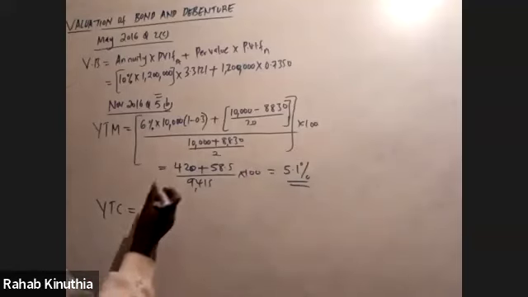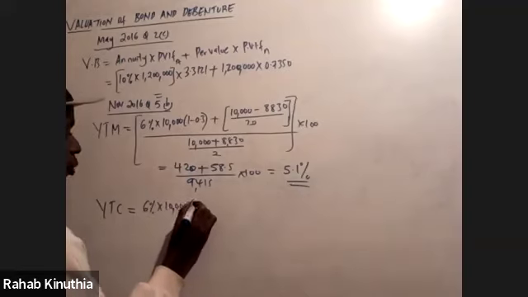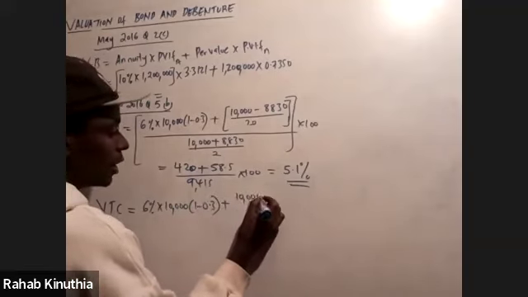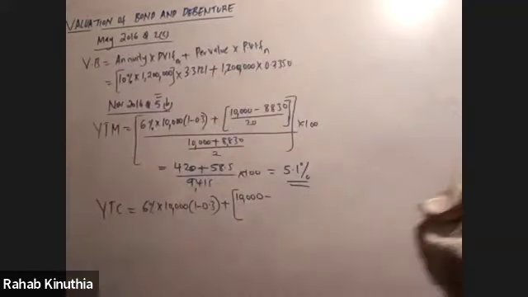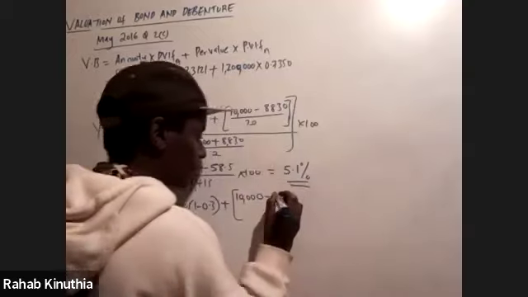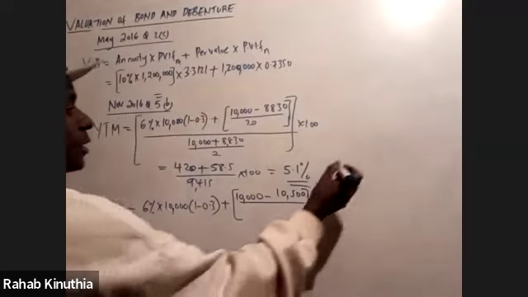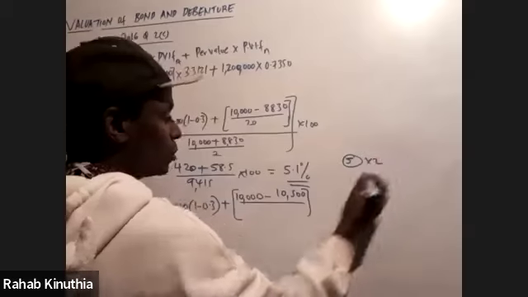Yield to call is the same: 6% times 10,000 times (1 minus 0.3) plus 10,000. Now in this case, we need to replace the callable value. From the question, our callable value is 10,500. Our N, remember, we were to call it after 5 years, but it is semi-annually, so 5 times 2, which is 10.